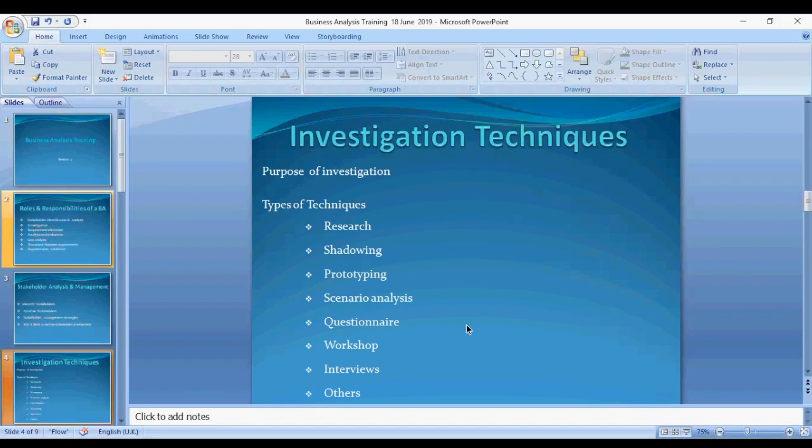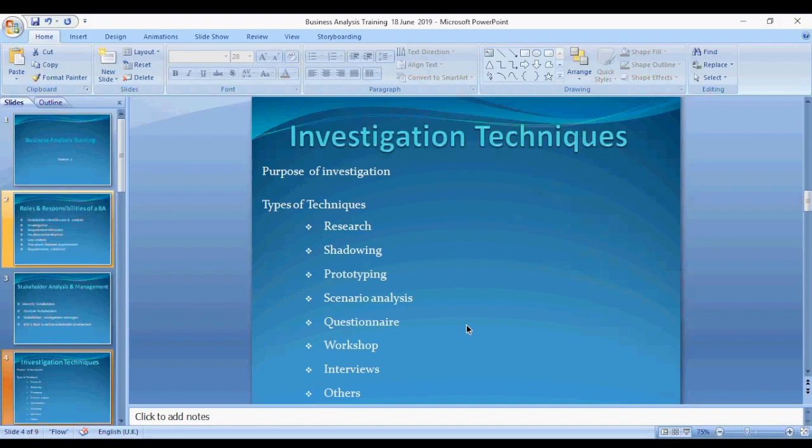For the research, how do you carry out your investigation by researching? For example, if we pick a case study of, let's say, the GDPR project. You've landed as a BA on this project, because most organizations did not really have this requirement.